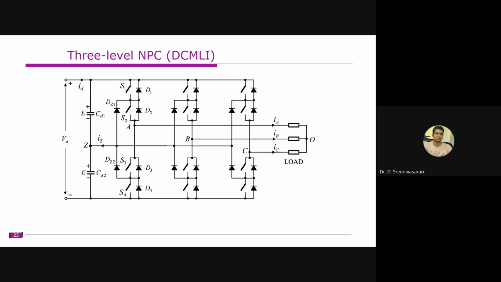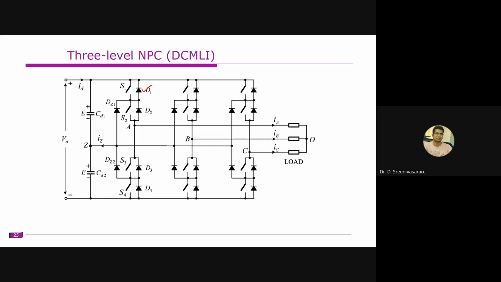Right, so coming to this three-level neutral point clamp, also known as the diode clamped multi-level inverter, this is the structure. We have two DC sources, and we have a midpoint access to the midpoint. This is A phase, B phase, and C phase. The operation is slightly simple.